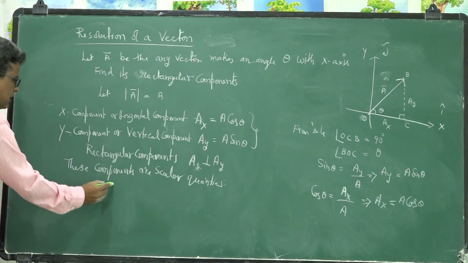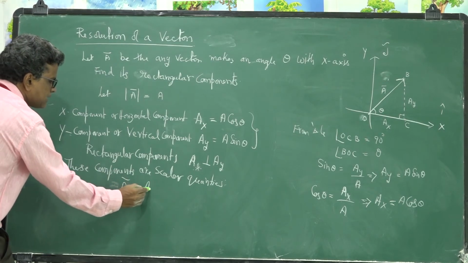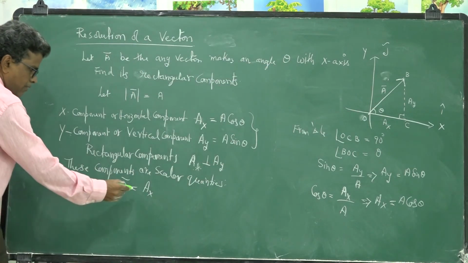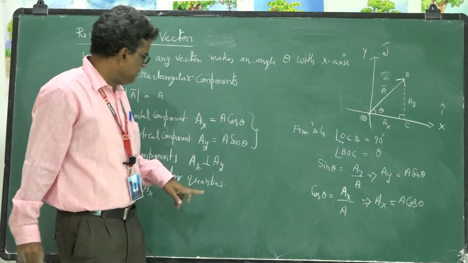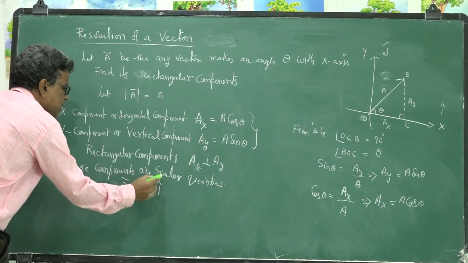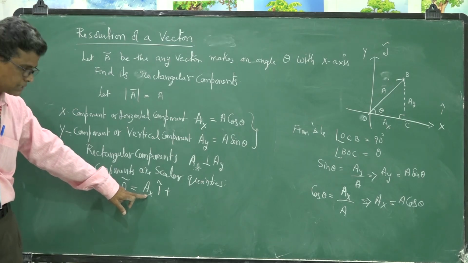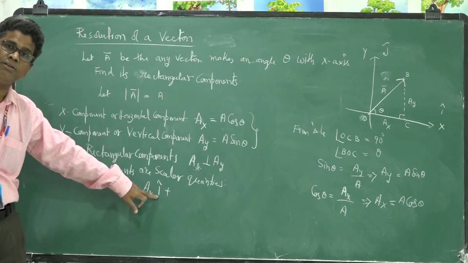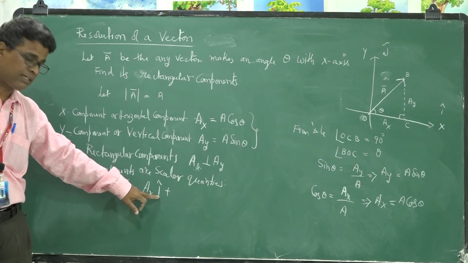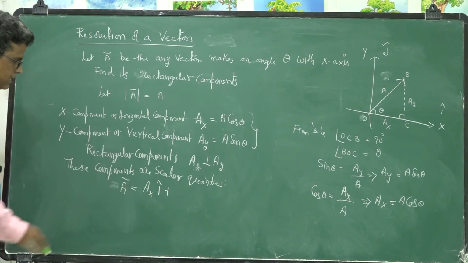See how I am writing. The given vector A bar is AX, the x component, which is a scalar, multiplied with the unit vector along the x axis, I cap. That x component multiplied with the unit vector becomes the vector component in the x direction.